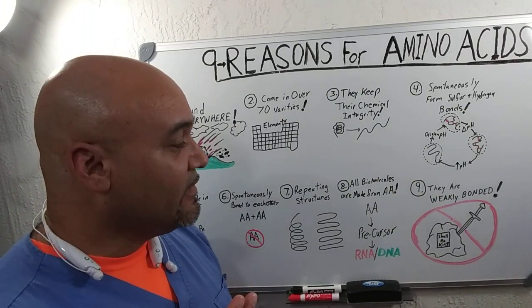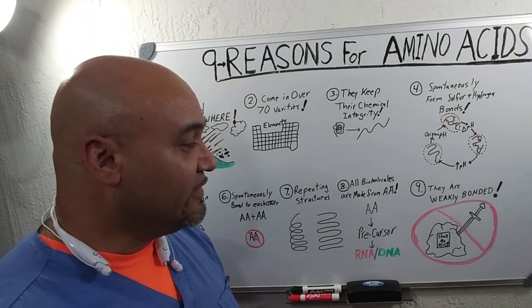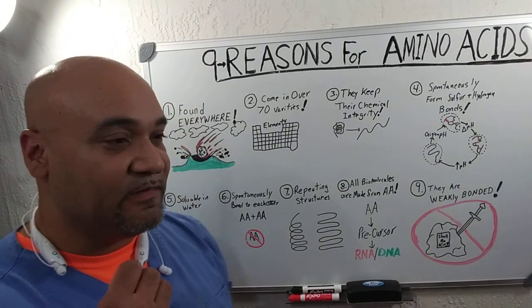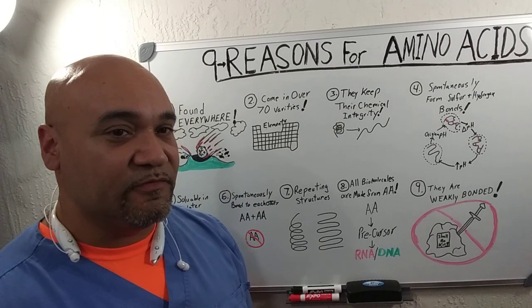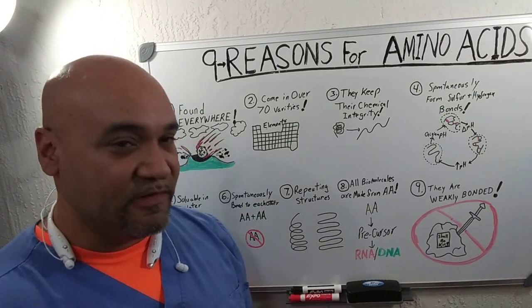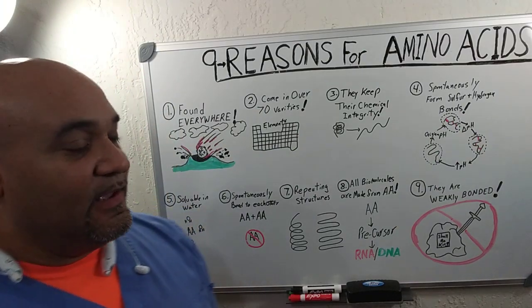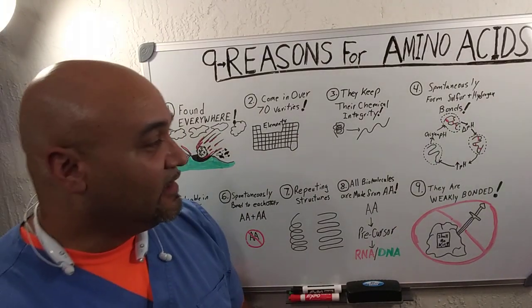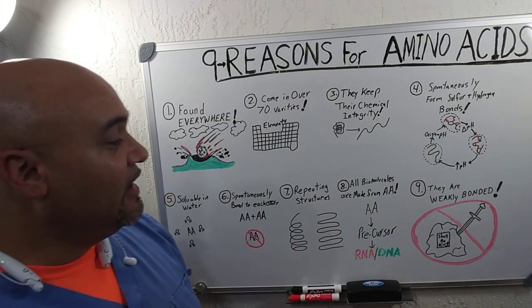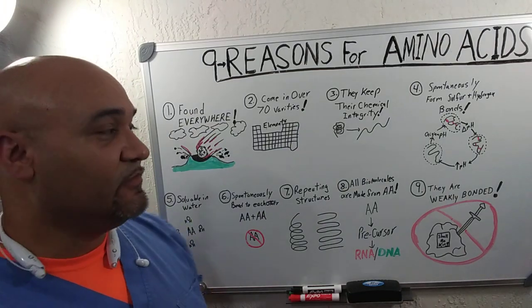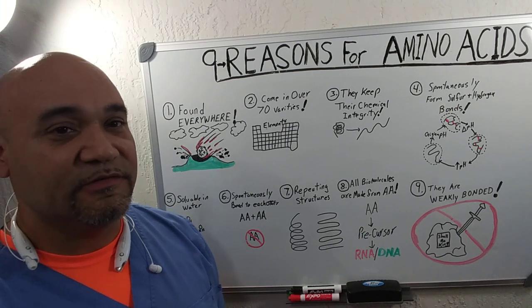So that might seem counterintuitive and like something that's not beneficial to life, but it actually is, that these compounds are weakly bonded. So those are the 9 reasons why amino acids make an excellent choice for life to use to do almost all of its chemical reactions.